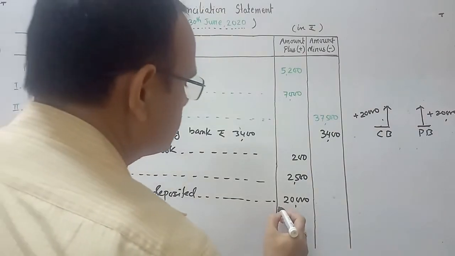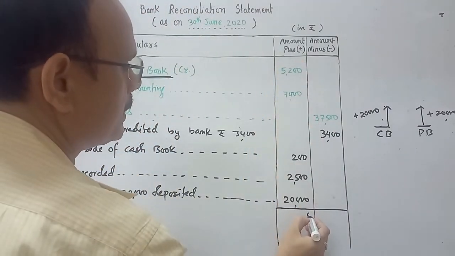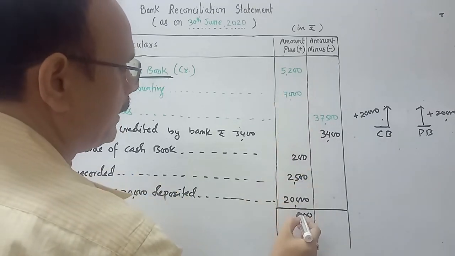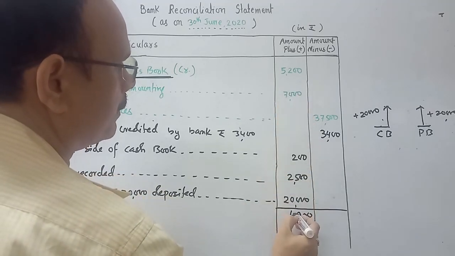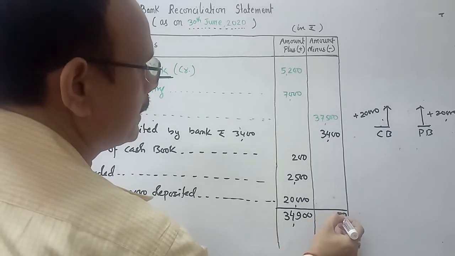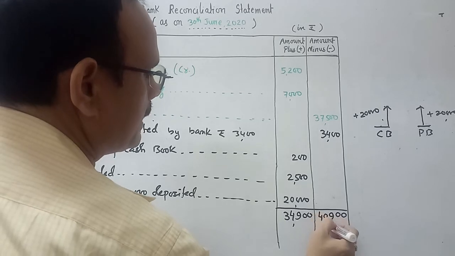Now the next step: we will do the total of both sides. This side total is 34,900, and this side total is 40,900.